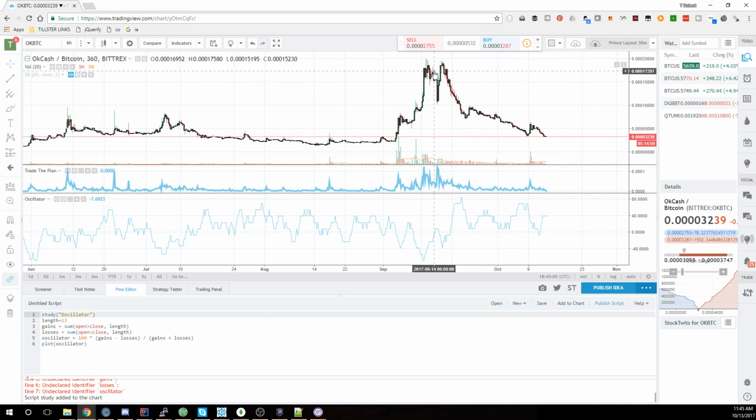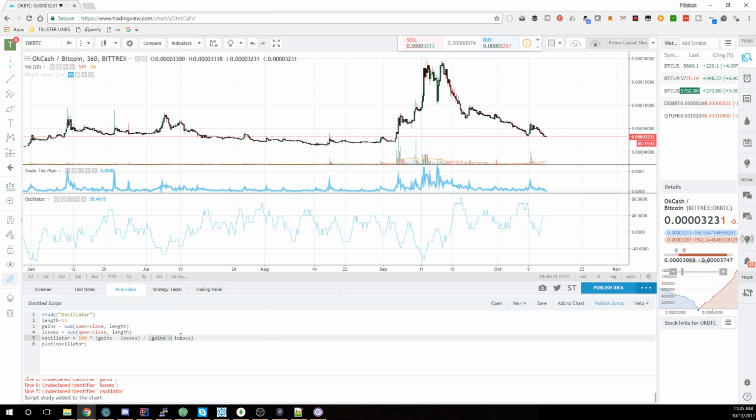So when this thing is moving downward, what we're seeing is a lot of price action against the trend. We're seeing that the amount of gains and losses is very much proportionate to the total market motion.